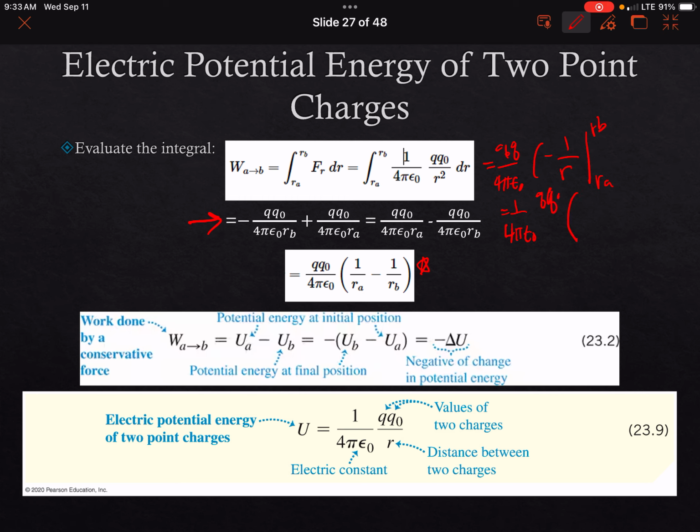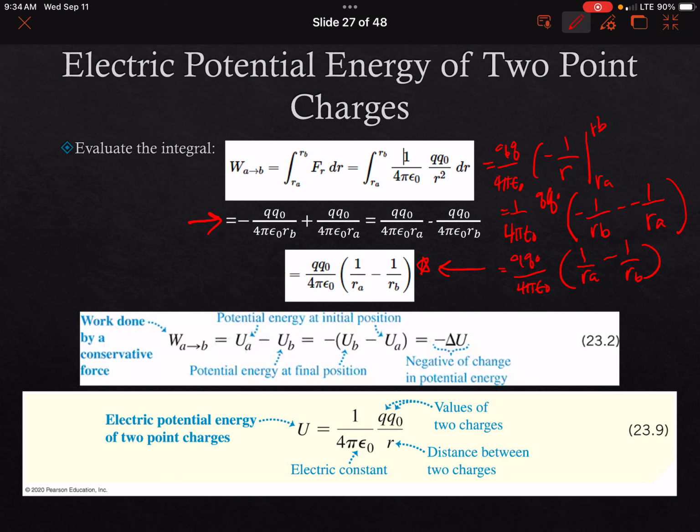So that's going to be negative 1 over r_B minus a negative 1 over r_A. When we simplify that expression, we get Q naught over 4 pi epsilon naught, swapping these around, times 1 over r_A minus 1 over r_B. Which is that right there.